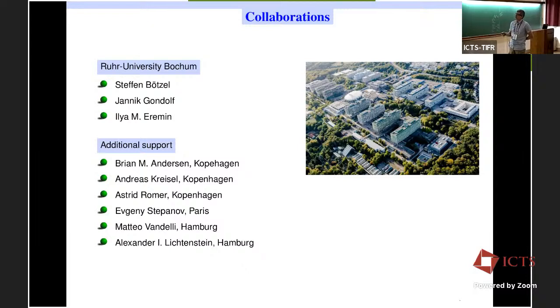There was additional support, especially in the low energy physics, from Brian Anderson's group with Andreas Kreisel and Astrid Römer, and then additional help when we want to go beyond DMFT. We learned a little bit yesterday that there are also techniques to go beyond DMFT to bring in non-local physics. And there we got great help from Zhenya Stepanov, Matteo Vandelli, and also Sascha Lichtenstein in Hamburg.